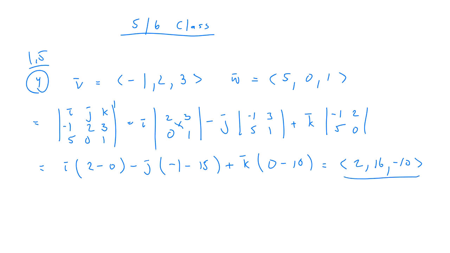So if I take the dot product of this with v, I get -2 plus 32 minus 30, which is 0. And if I take the dot product of this with w, I get 10 plus 0 minus 10, which is also 0, which means I've done it correctly. Either or. So yeah, in general, I don't worry about the notation. So whichever notation you want.